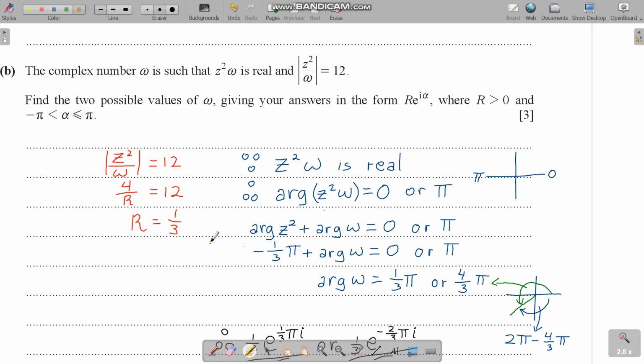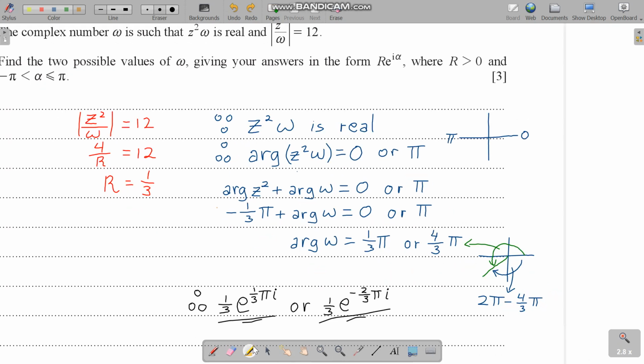On the left we have only the argument of omega, and on the right we have the two possible values, so we have the two possible arguments of omega, which are 1/3 pi and 4/3 pi.